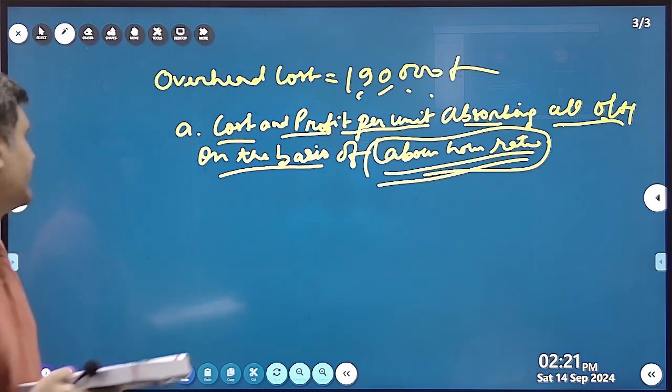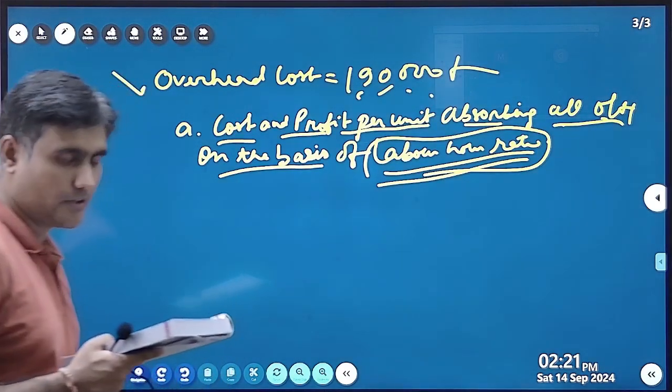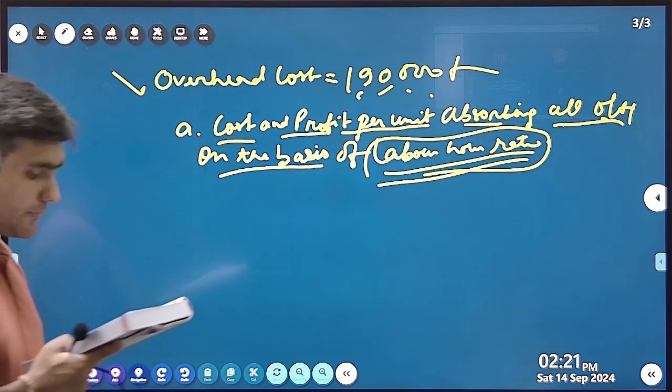So we will calculate. Our total overhead is given 1,90,000. So total labor hours.